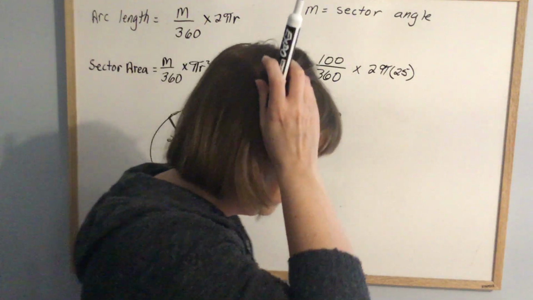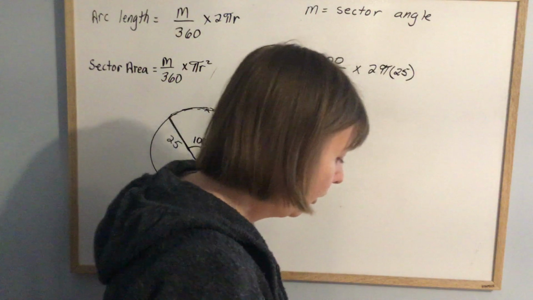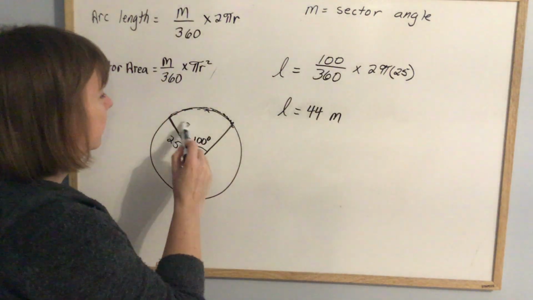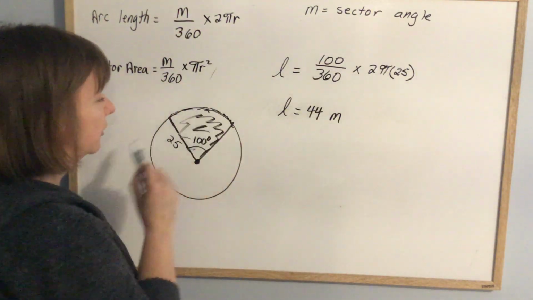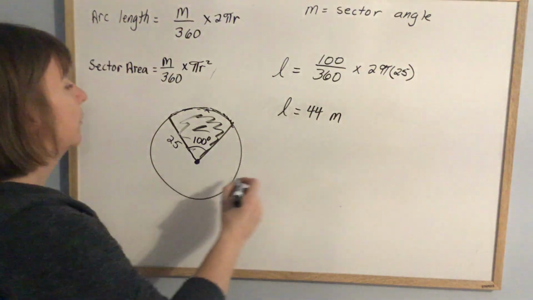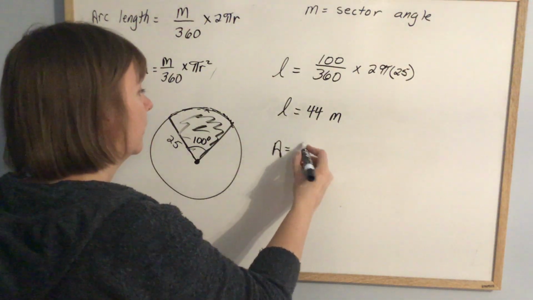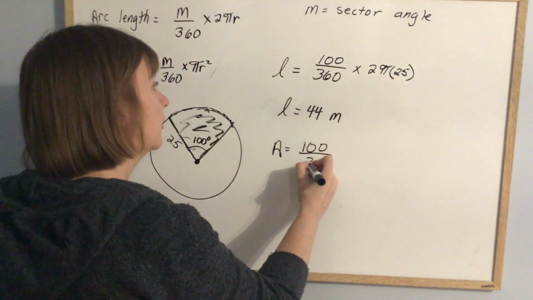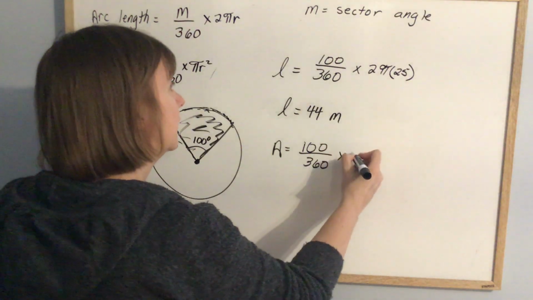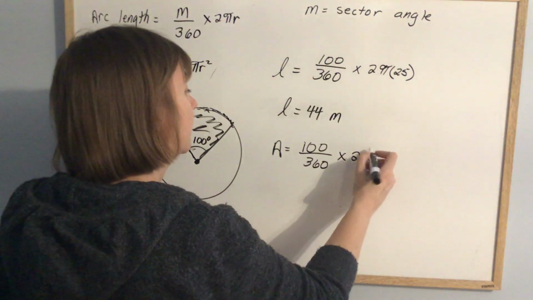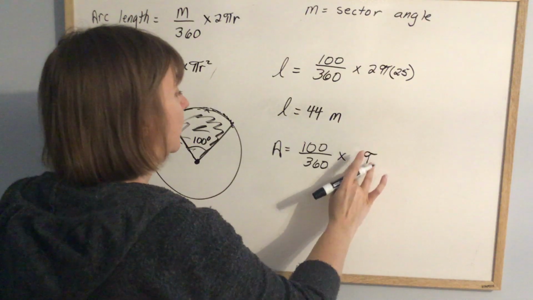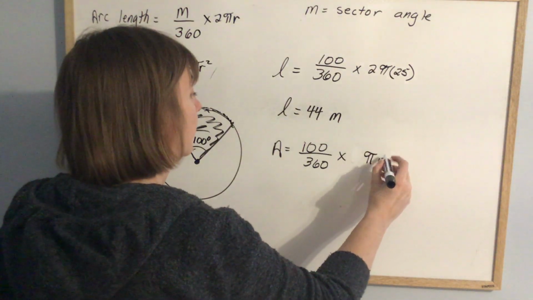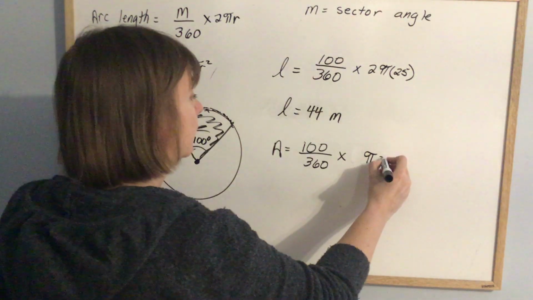The second part of the question is, what area of their lawn is actually getting watered? That is area, so a very similar formula, still 100 over 360, but this time times pi r squared, and my r is 25.